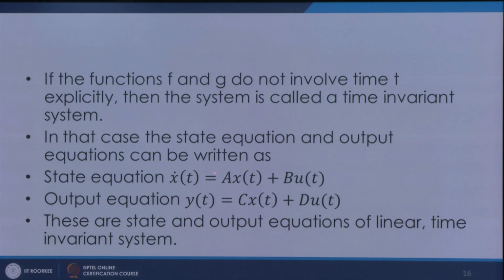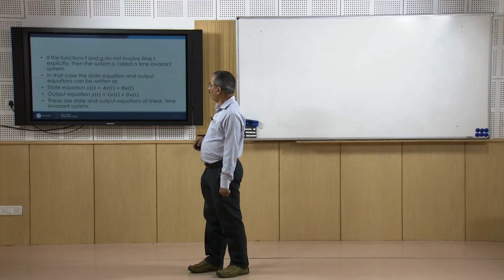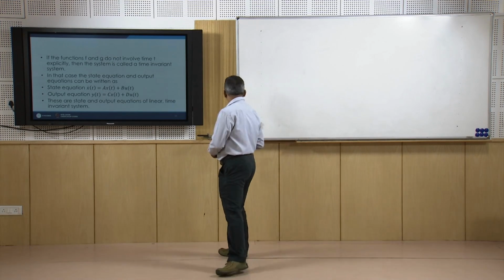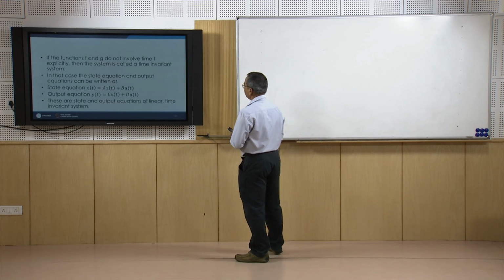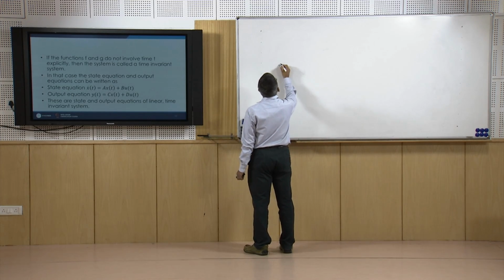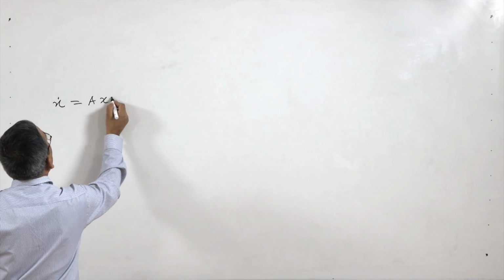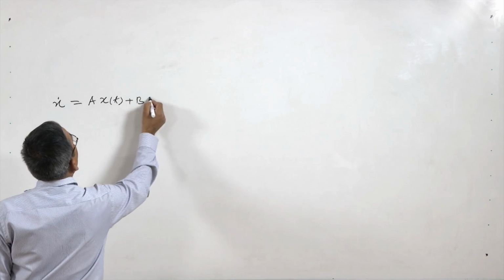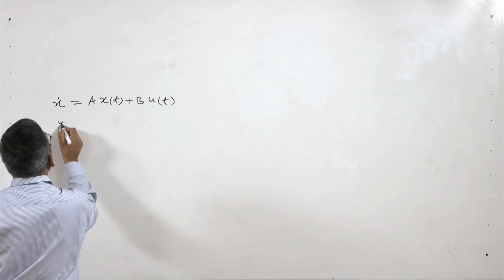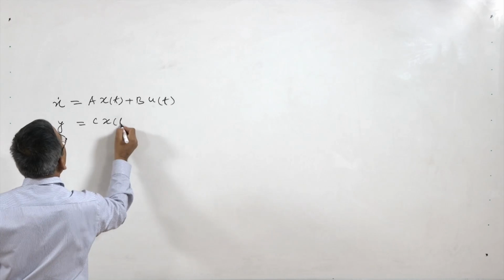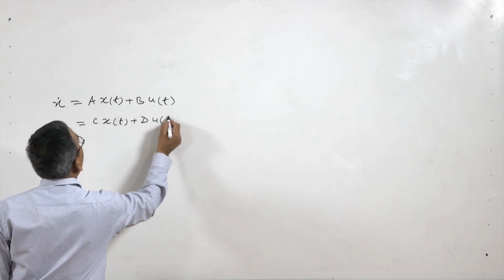So, I can write this as x dot(t) equals A x(t) plus B u(t), and y(t) is C x(t) plus D u(t), and these are the state and output equations for a linear time invariant system. Remember, these two equations are very popular equations: the state equation is A x(t) plus B u(t) and the output equation is y equals C x(t) plus D u(t).